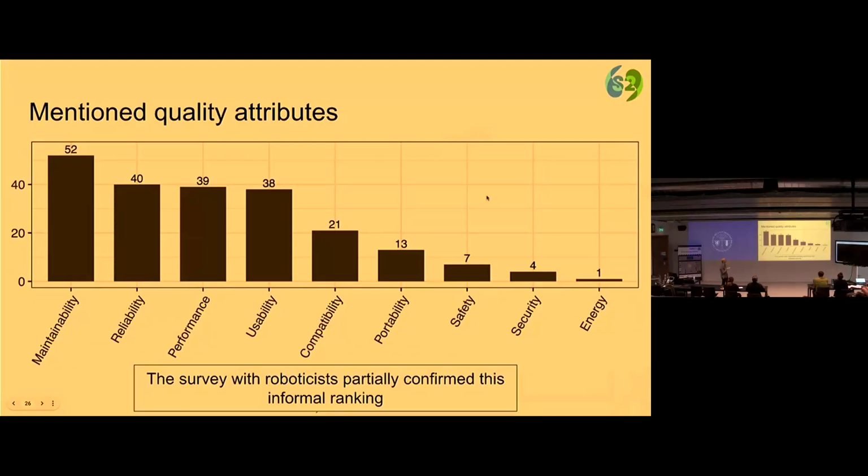This is kind of related to the domain. You want your robot to not crash if it's a flying robot, for example. Then we have other types of quality attributes that have been at least mentioned in the repositories. We have also one on energy, but we are working on it to make robotics a bit more aware that we can work on energy as well.